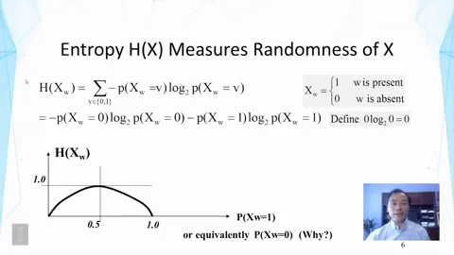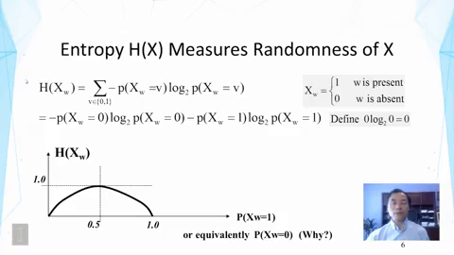At the two ends, that means when the probability of x equals 1 is very small or very large, the entropy function has a low value. When it's 0.5 in the middle, it reaches the maximum.